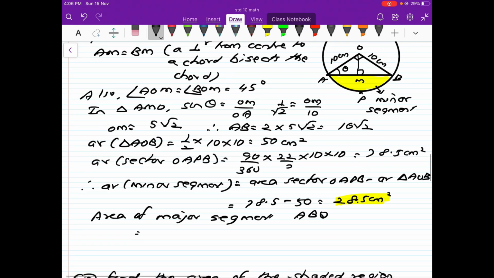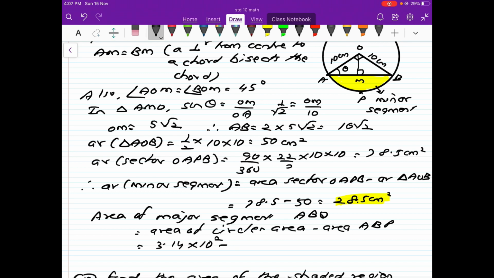It will be simply the area of the circle minus the area of the minor segment, area of ABP. So the area of the circle is given by 3.14 pi r square minus 28.5. So this is 314 minus 28.5. So we are getting 285.5 centimeter square. That's the area of the major segment.